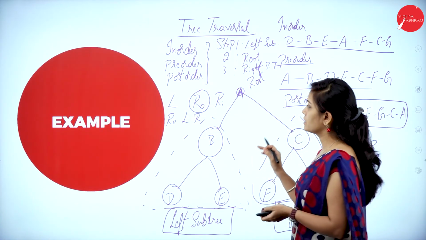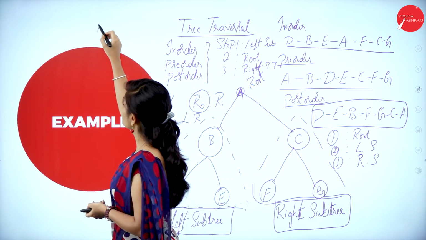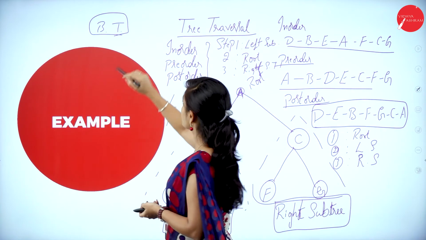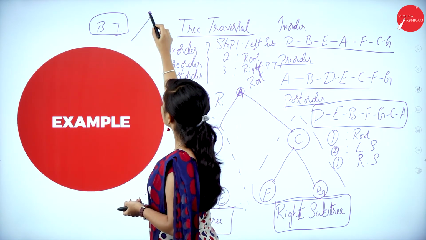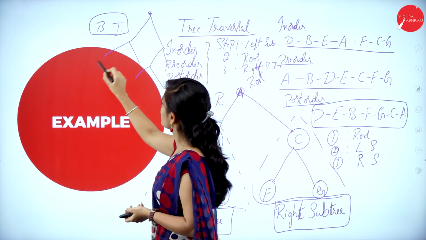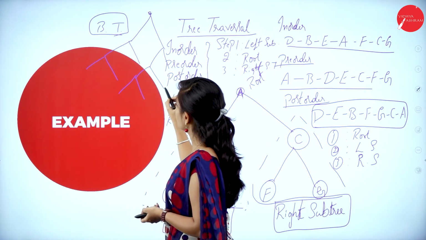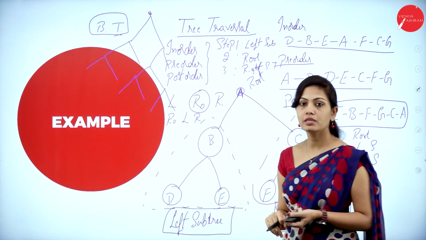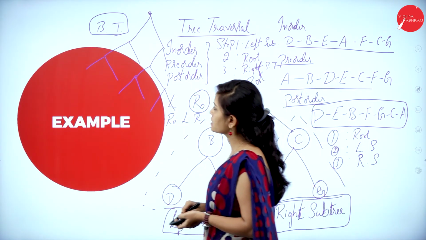Is it clear? And the last topic is binary tree. So what is a binary tree? A tree where the degree is 2, that is, each node has 2 children and siblings, is called a binary tree. So what are siblings and children?